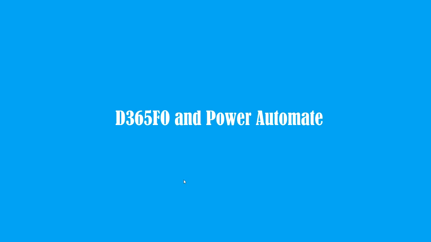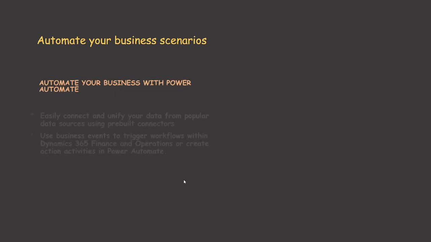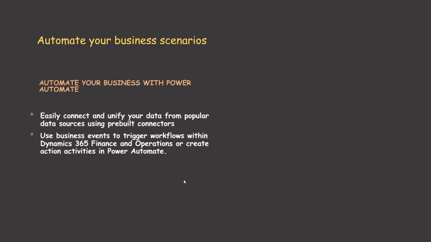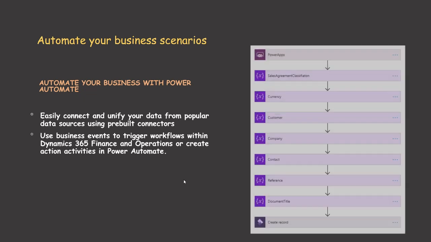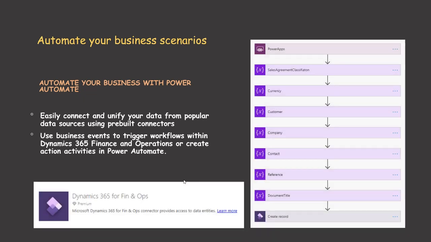And let's look at the FNO and Power Automate, and let's look at how we can automate our business scenarios. If you want to automate your business with Power Automate, then you can easily connect to your data from the data sources using the pre-built connectors.